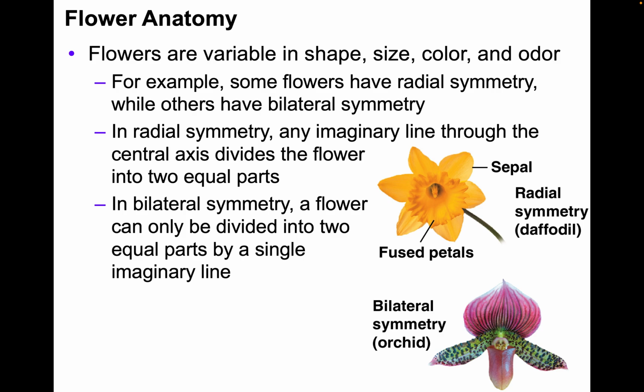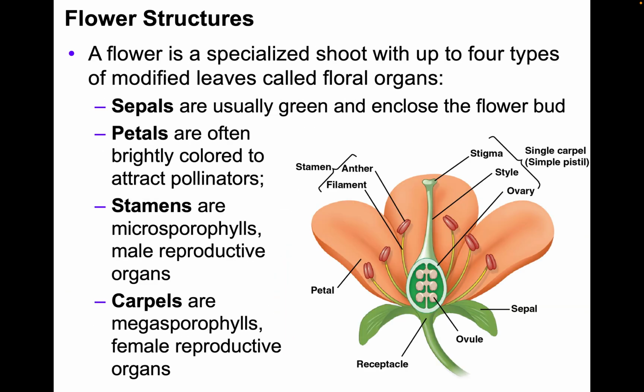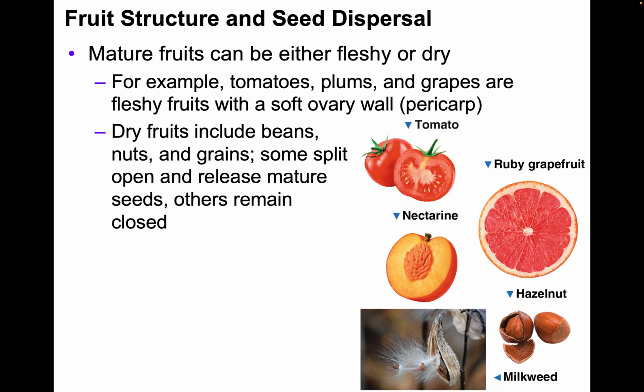The more weird the flower looks, the more highly specialized it's become. It might be because of different petal fusions and things like that. So it gets complicated and interesting. And we're not going to dive too deep into these things beyond the classic flower anatomy as seen here. I'll use a very obvious flower. I'm not going to get into highly specialized flowers.